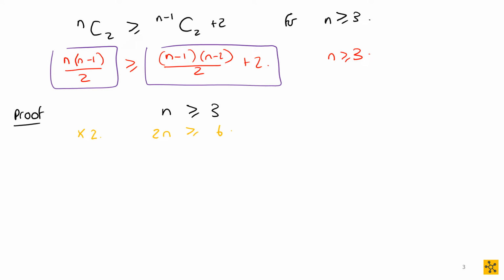So let's add n squared to both sides, because that doesn't change anything. We get n squared plus 2n is greater than or equal to n squared plus 6. Again, just a reminder, it is because we have n times n there and n times n there.